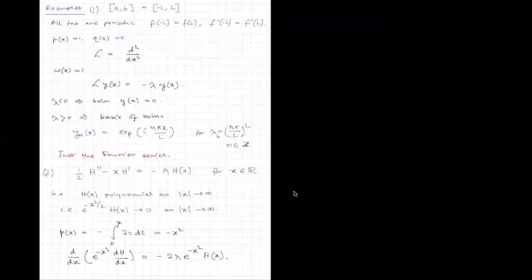Now, the condition that we stated, that h of x grows at most polynomially at large x, is understood as follows.